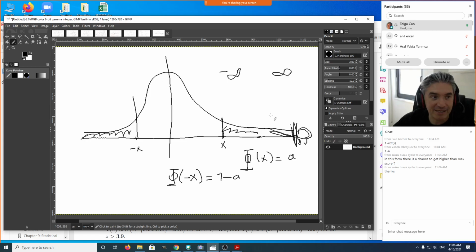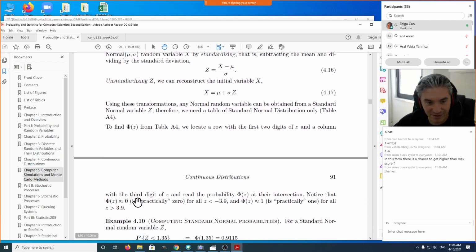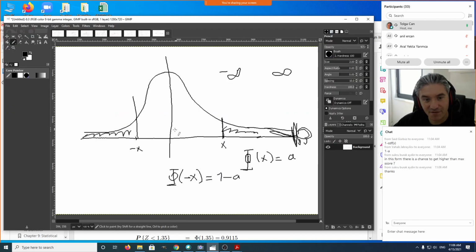But practically, this is what it's also saying here, this sentence: for values z greater than 3.9, after 3.9 standard deviations, in the standard normal form, it's practically 0.